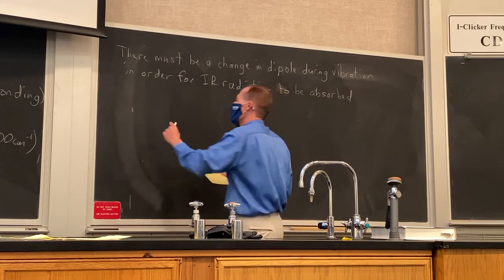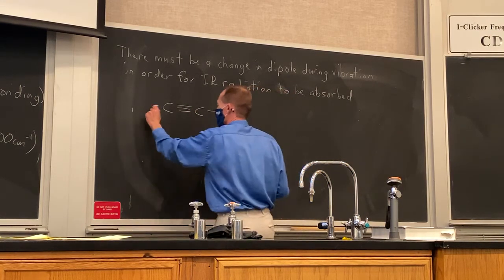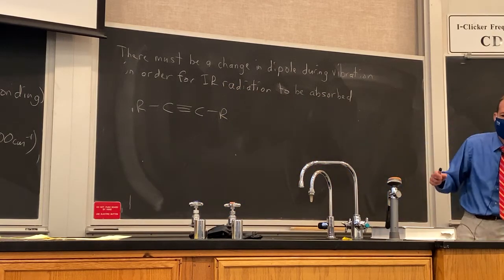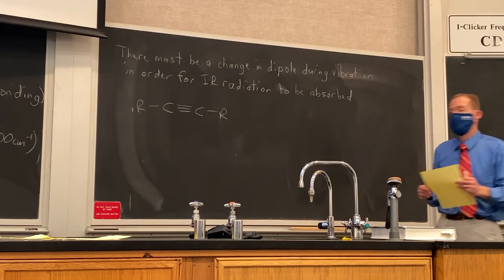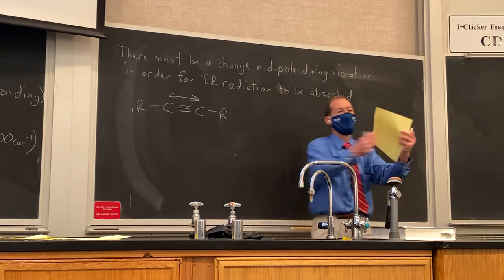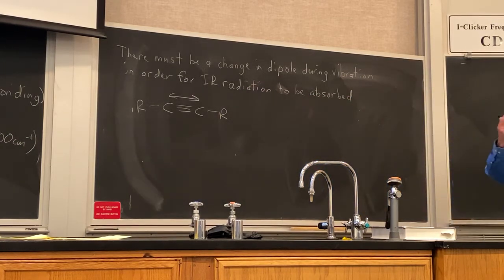So where this has a consequence is if we have an internal alkyne, and if these R groups are the same or very similar to each other. In molecules like this, as we stretch that carbon-carbon triple bond, there's no change in dipole because of the symmetry in the molecule. Okay? So what this principle means is that internal alkynes do not show up in the IR if they're symmetrical.